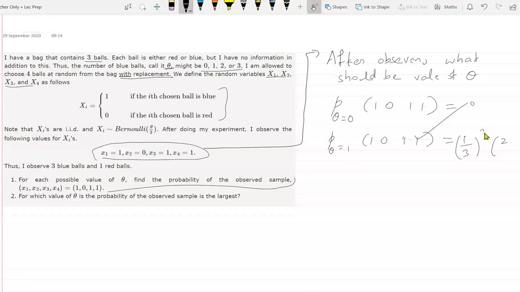Why is it 1 by 3? Are we considering the other two balls as red? Are we considering the sample size as 3? No, we are choosing 4 times independently, no? Yes, and we have observed the values of the random variable as 1, 0, 1, 1. It is with replacement. So what do you mean by theta equal to 1?